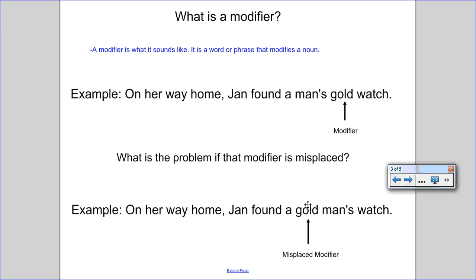So Jan found a gold man's watch, a watch that belonged to a gold man. Obviously, or maybe not obviously, but probably not what the writer is trying to convey to their reader. So we need to make sure when we write any kind of modifier of a noun that it's written in a place that actually modifies the noun we want it to.